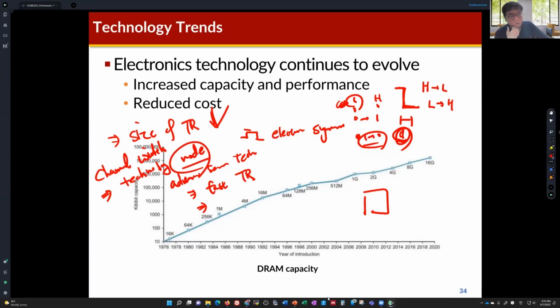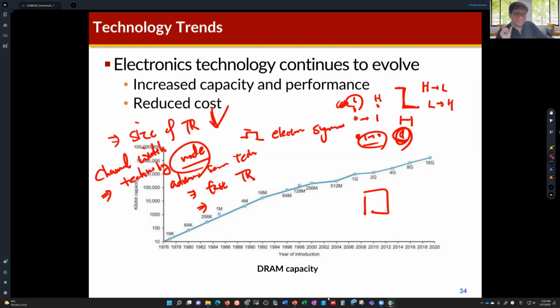I believe you have heard about 10 nanometer technology or 5 nanometer technology. 5 nanometer technology is developed by TSMC or Samsung. 10 nanometer technology is developed by Intel. So I believe some of you have heard about this terminology.